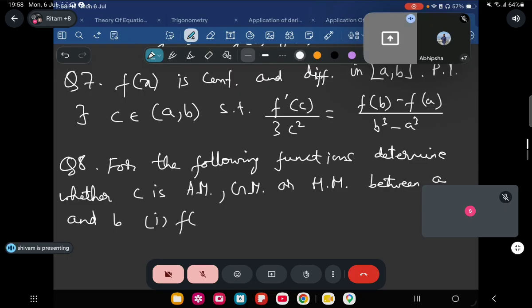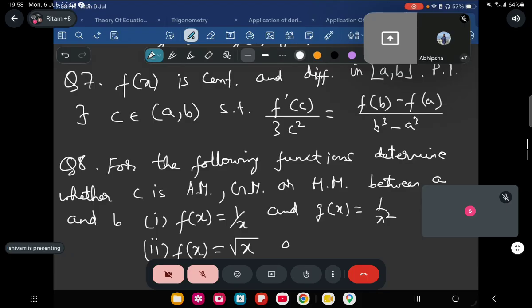Number one, f of x equal to 1 by x and g of x equal to 1 by x square. Number two, f of x equal to square root of x and g of x equal to 1 by square root of x. Solve quickly.